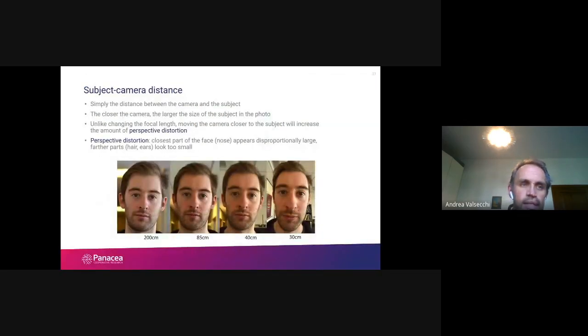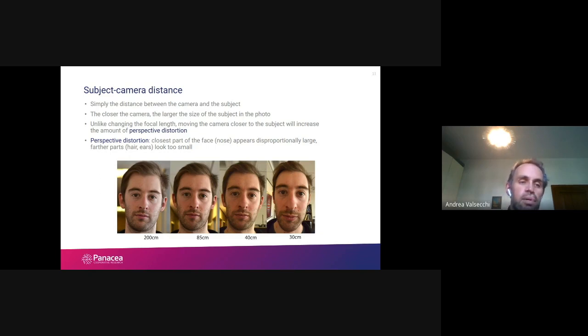Next, we have subject to camera distance. This is simply the distance between the camera and the subject. It goes without saying that if you are taking a picture of somebody and you get closer, the subject gets bigger in the picture. But there is another thing going on, which is perspective distortion. If you get very close, like the typical example of taking a selfie, you will notice that the shape of the face becomes unnatural.